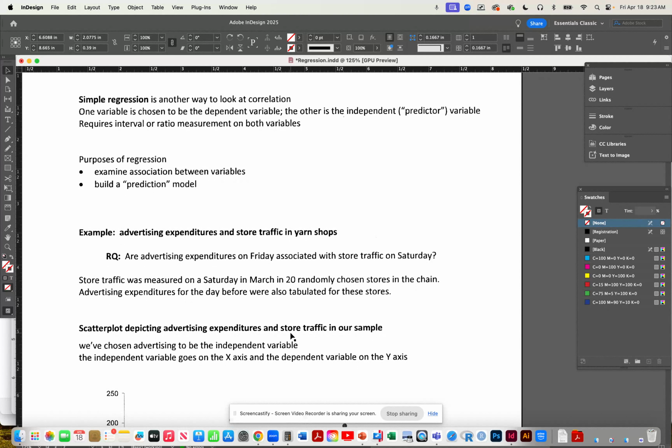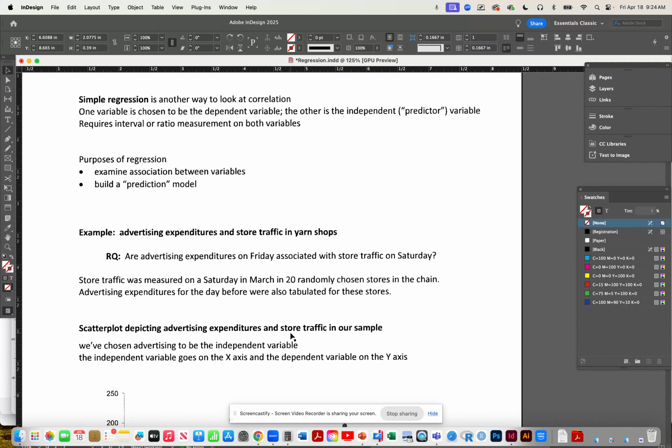Now let's do an example: advertising expenditures and store traffic in yarn shops. This might look familiar, because in our correlation lesson, this was one of those examples that I had you go through on your own. Now we're going to look at it again in this video.